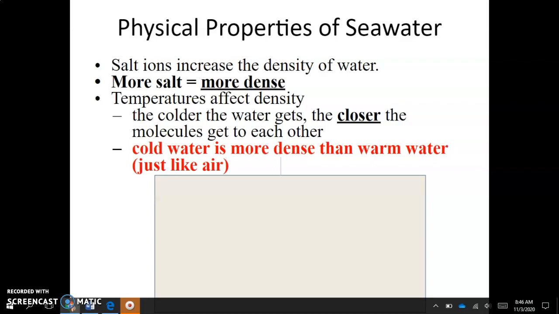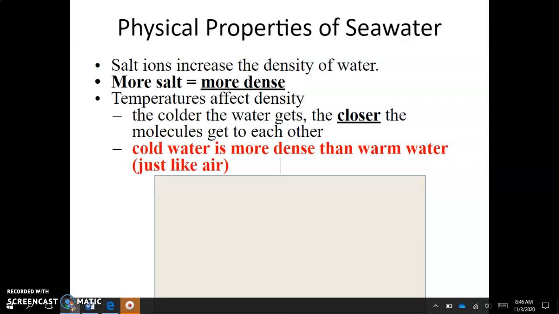So when we talk about the movement of these convection currents in our ocean, it happens just like in the mantle, and also we'll see it happens in our atmosphere as well when we get there. But basically, this water will move in these currents. So when it's near the equator, there's a lot more radiation from the sun, and so the water heats up and it rises, and it will move through the currents towards the poles.